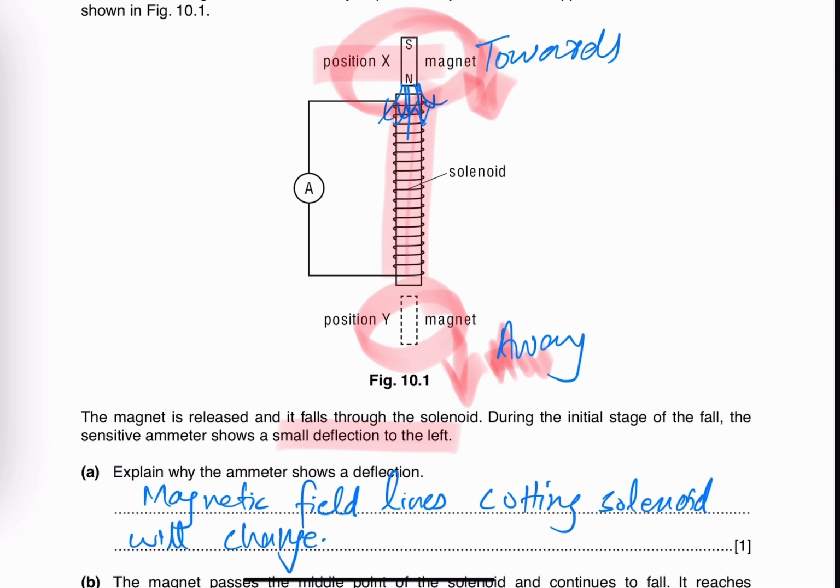It's falling through the solenoid, so the velocity will be greater at position Y as compared to X. So when there is more speed, more current will be induced.